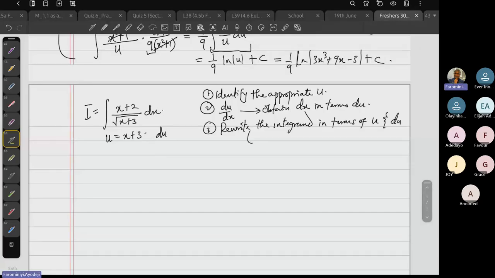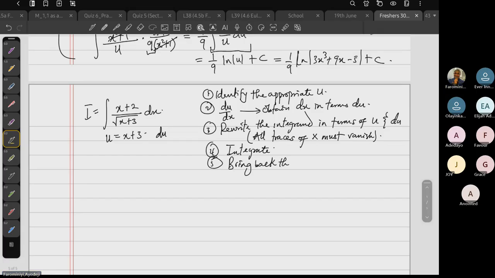So it means all traces of x must go away. Then 4, you integrate. 5, you go back to your x. So these are the steps involved in performing u substitution.